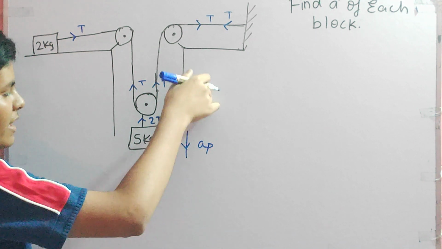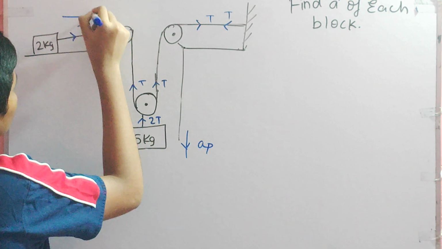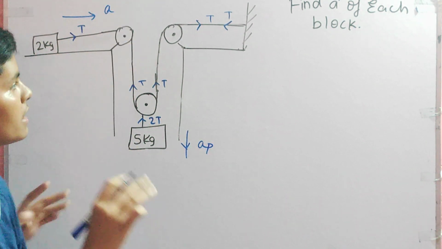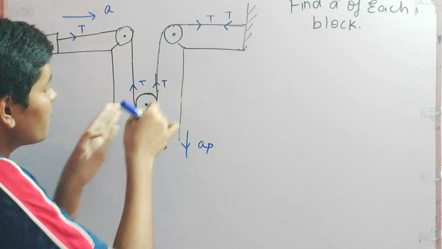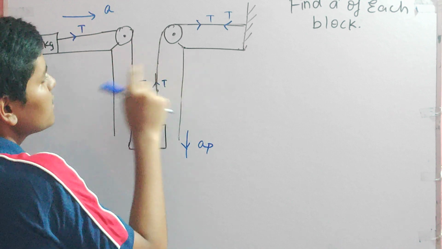Now if this is moving down with acceleration A, this will also move down with A, and this will also go with acceleration A. One thing to be noted: if this pulley is moving down, then this will need string from both the sides.